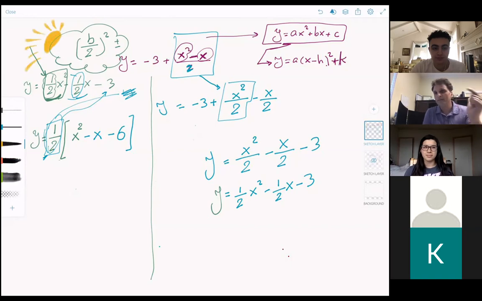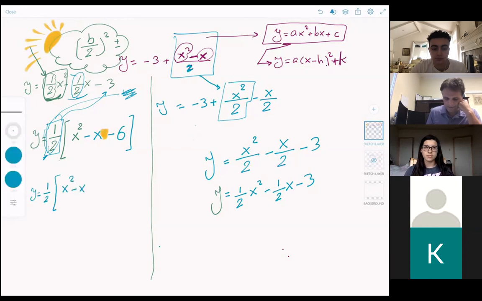Sunny formula. B divided by 2, square it, and add it and subtract it, correct? Add and subtract here after B. So I'm going to write y equals 1/2 bracket x squared minus x. What is my B here?